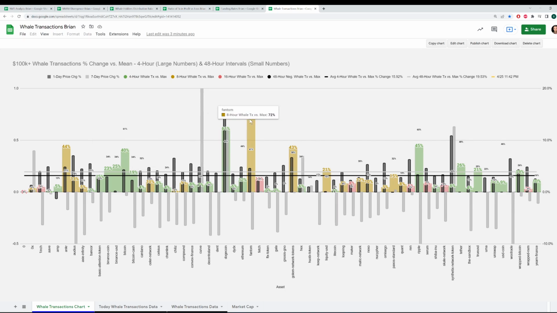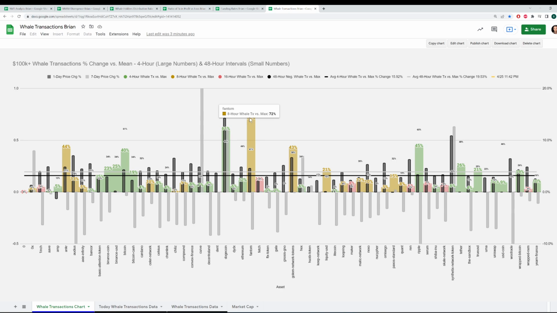Regardless, many assets will not show current whale transaction data for an hour or more. And in that case, the model will automatically ignore the current 4-hour interval and look at the last one, which is still very relevant.